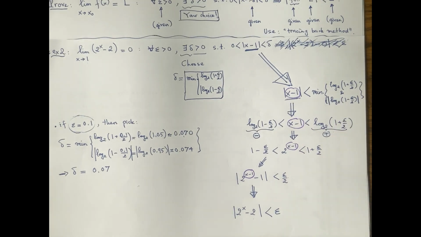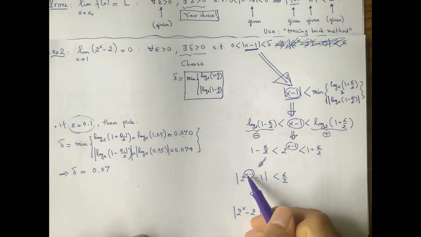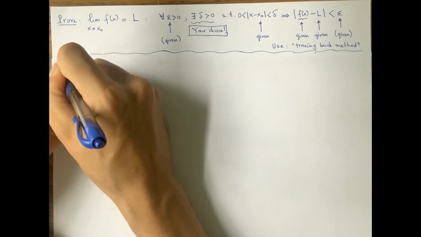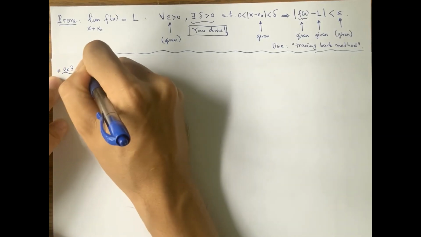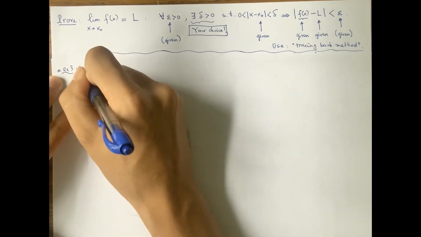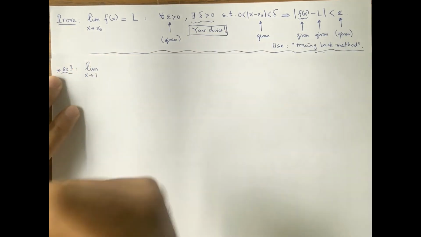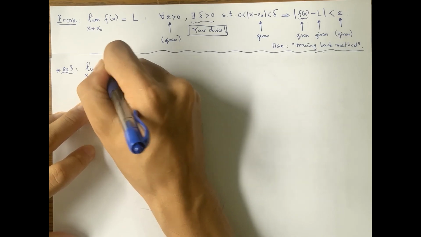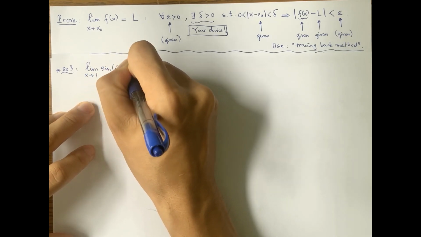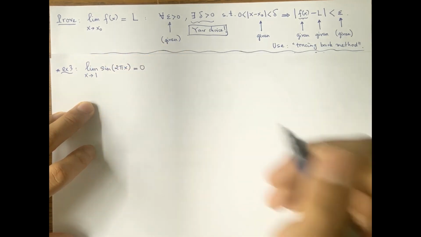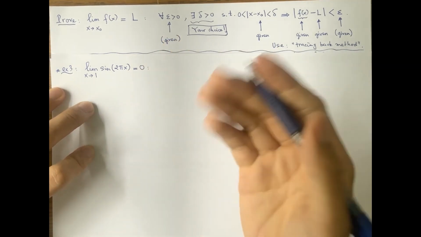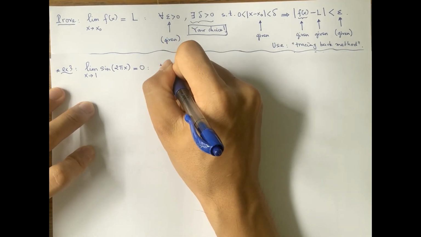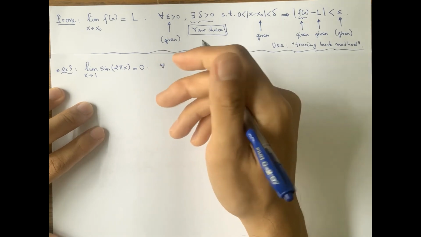Now let's consider another example in which pulling out x minus 1 is tricky. Example number 3. Prove that the limit as x goes to 1 of the function sin of 2 pi x is equal to 0. Again, you have to first rewrite the definition to see what you need to prove, right?